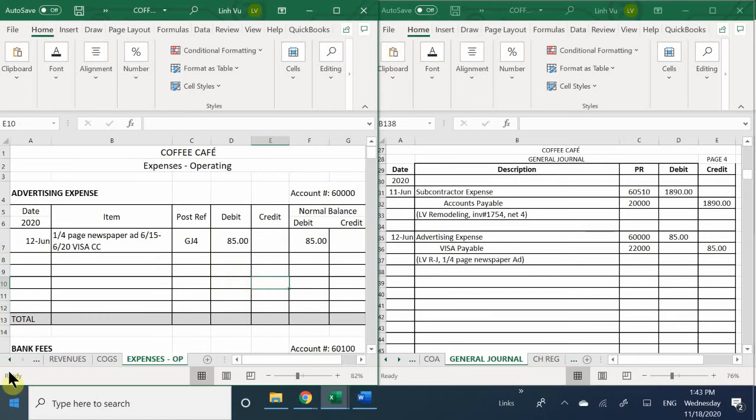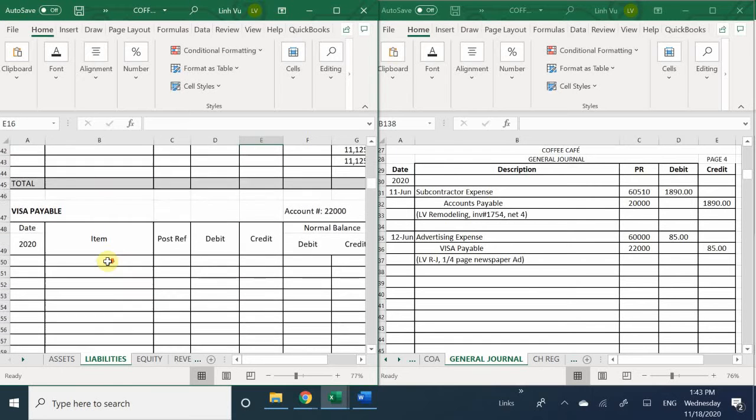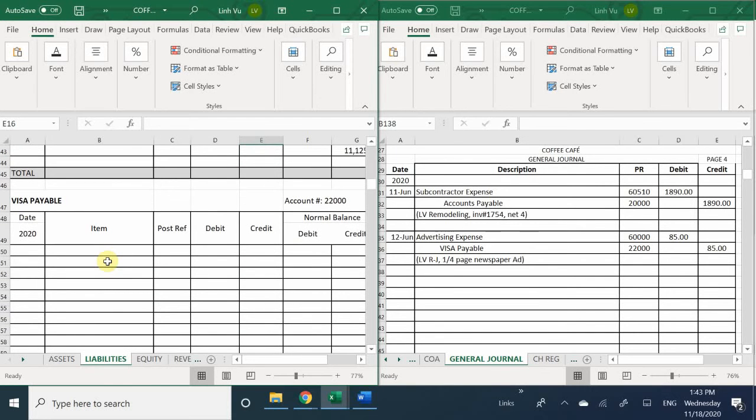Now we're going to go to our liabilities because now we've created a second account for our business credit card. So here you go, 22,000 should be the very second table underneath your first ledger.